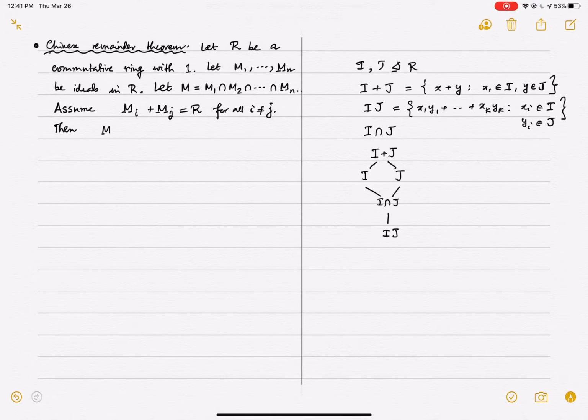Then the intersection of the ideals, which we denoted by m, is also equal to the product. In general, I told you that the product is something smaller than the intersection. But if they're co-maximal, then the intersection is the same as the product, and the main thing is that R mod m is isomorphic to R mod m1 cross R mod m2 cross ... cross R mod mn.